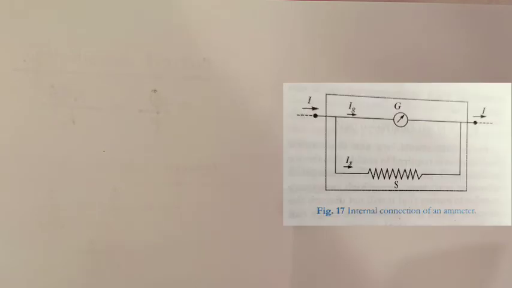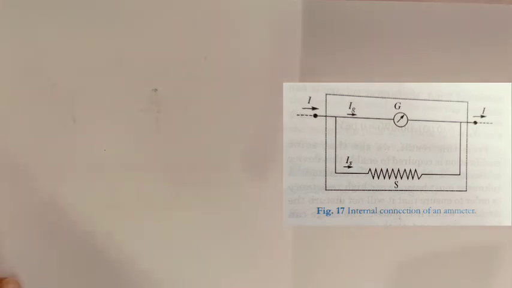We consider a galvanometer of resistance G, capable of carrying a maximum current Ig corresponding to its full scale deflection. Let it be desired to convert it into an ammeter of range 0 to I, where I is greater than Ig. We suppose that this can be done by shunting the galvanometer with a resistance of value S.